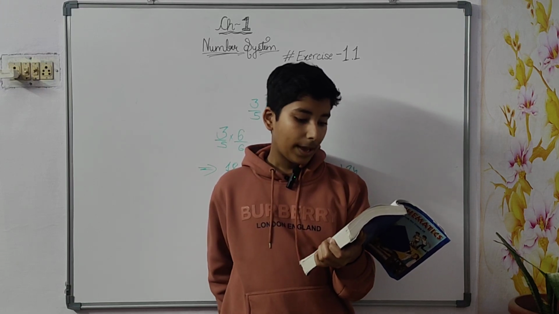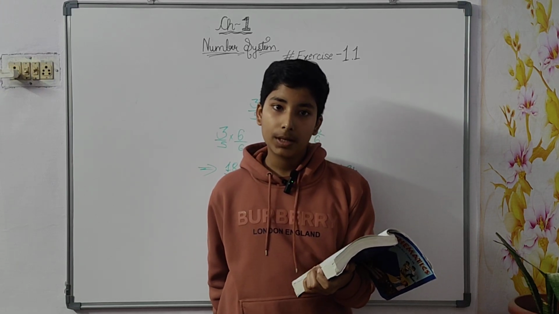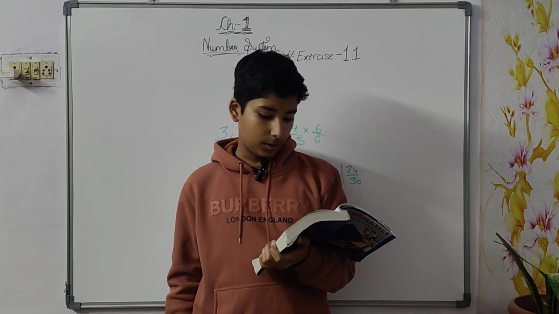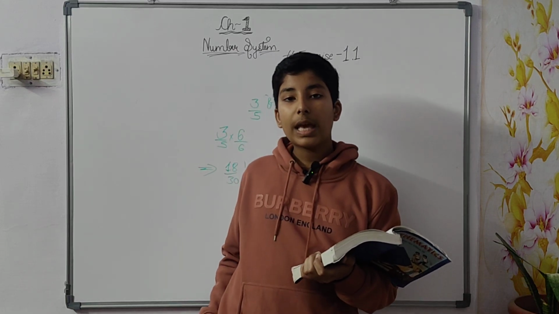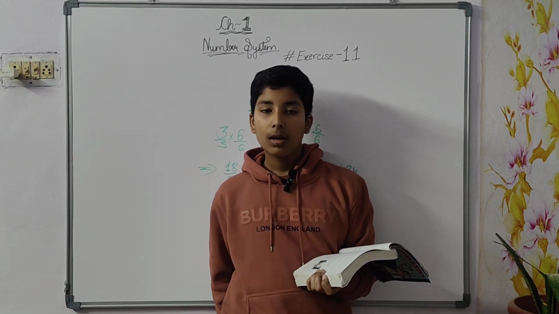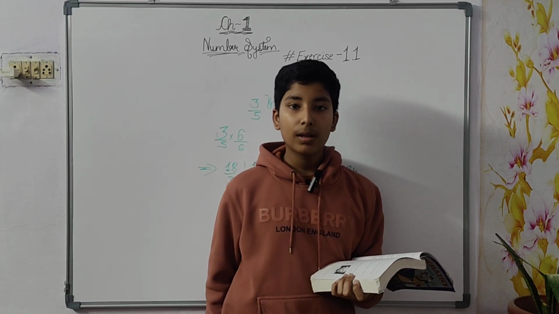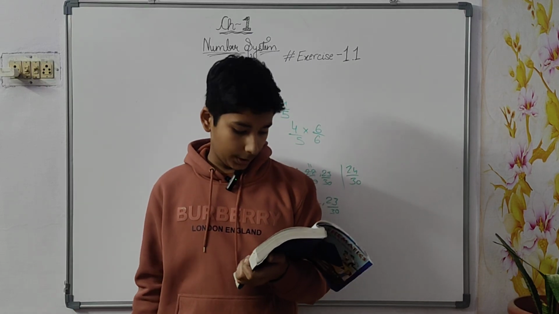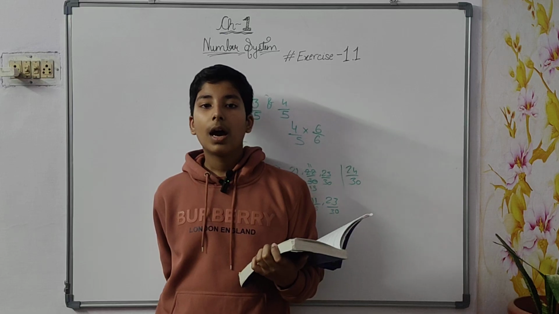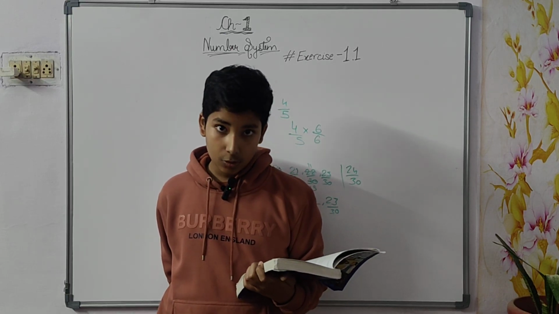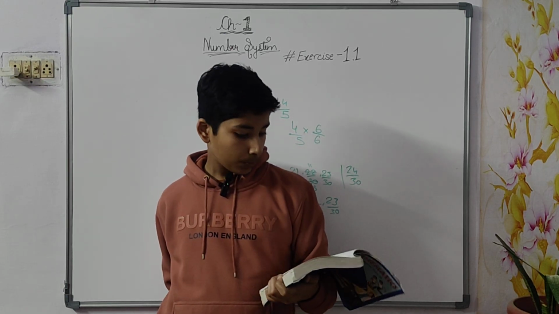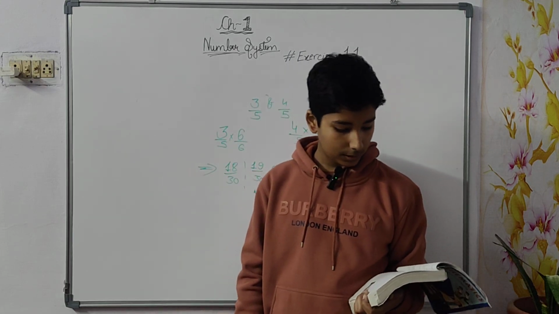It is saying every natural number is a whole number. Is it true or false? Yes, it is true, because every natural number is from positive 1 to positive infinite, and whole numbers are natural numbers including 0. So yes, answer is correct.